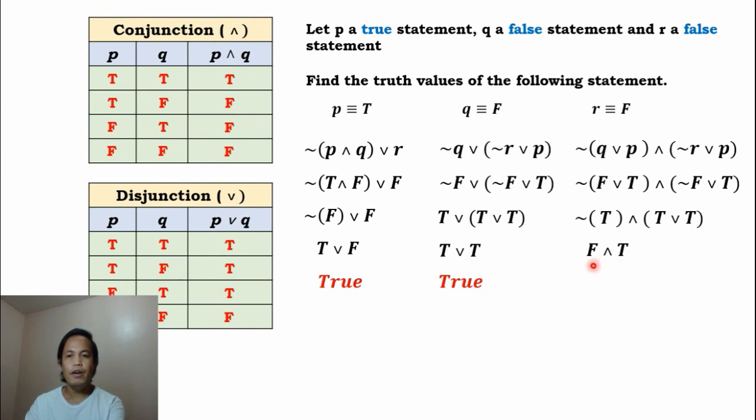Then therefore false and true, which is this row here, false for P, true for Q, therefore the whole statement is false. This statement is a conjunction. So the whole statement is false. So meaning the truth value for this statement is false.